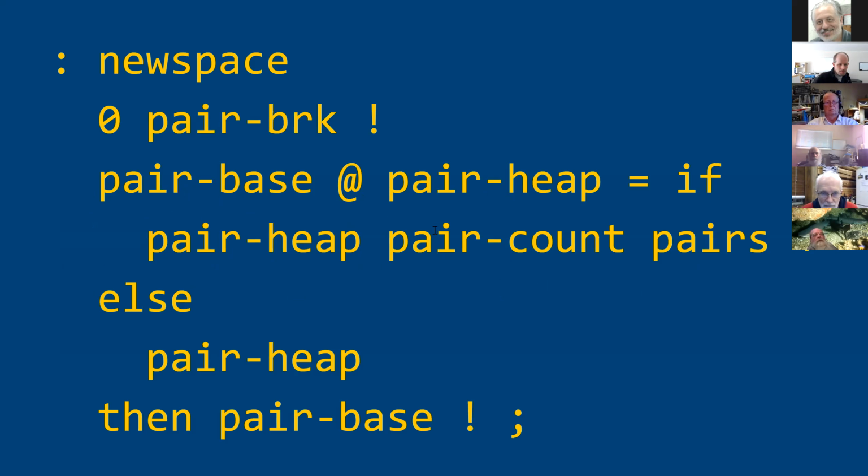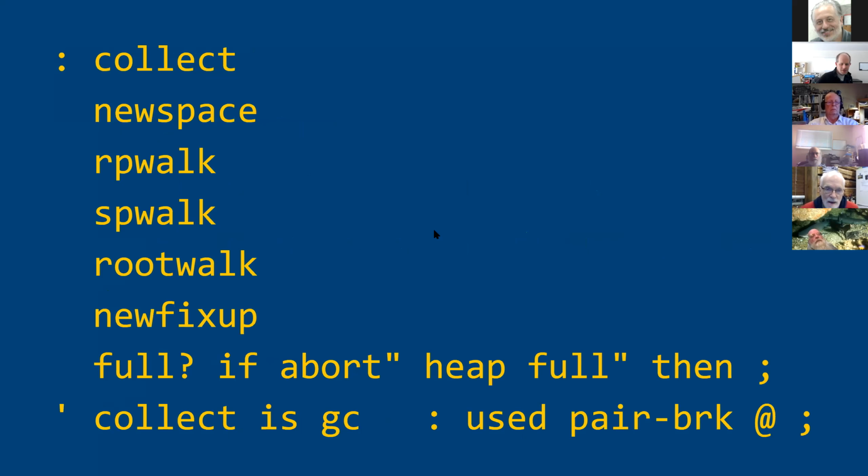And then there's a little bit of plumbing to swap the new space and the old space, and to pick which heap you're on. And then the collect, this is just the high level collect. You toggle which space you're in, you walk the roots, the return stack, the data stack, all the roots, you catch up that green pointer, and then if by some unfortunate chance the heap is still full after this, then you throw an error because you're out of space if you can't collect it.